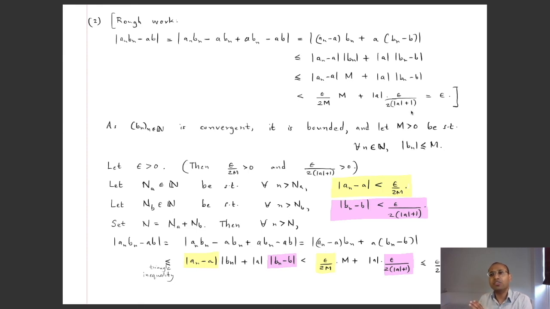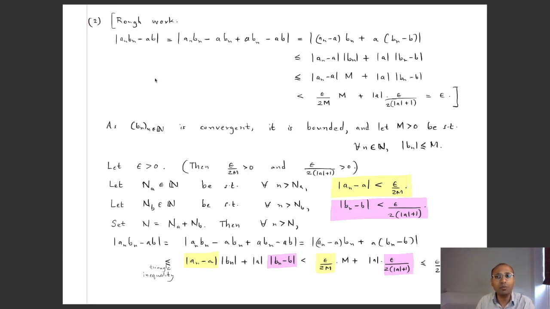Does it spoil things? Not really, because if this thing is less than epsilon divided by this one, then you see mod A divided by mod A plus 1, that fraction is less than 1, and then I'm left with epsilon by 2. So this whole thing is going to be less than epsilon by 2. And so this is less than epsilon by 2, this is less than epsilon by 2, and that together would be less than epsilon. Okay, so that's the plan.